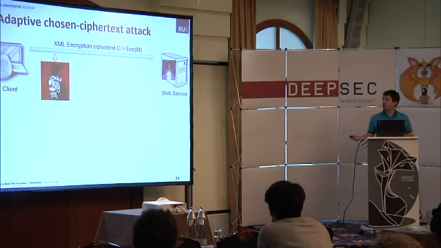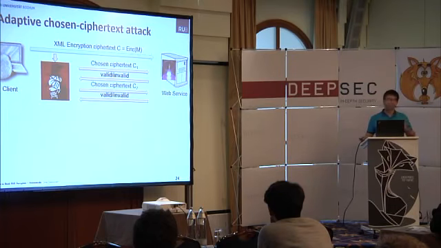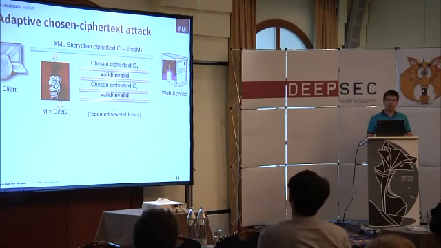He uses the web service as an oracle, modifies the ciphertext, sends it to the oracle, and the server responds with valid or invalid. And he repeats this several times with different modified ciphertexts, and at the end, he can decrypt the message. It is the basic scenario behind adaptive chosen ciphertext attacks.